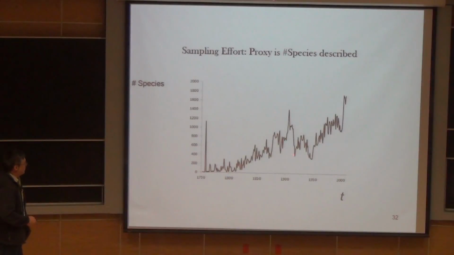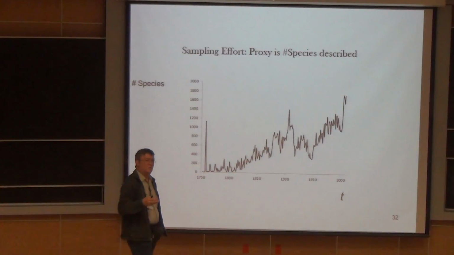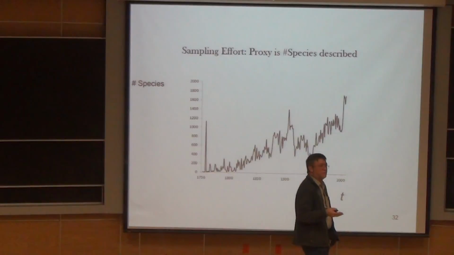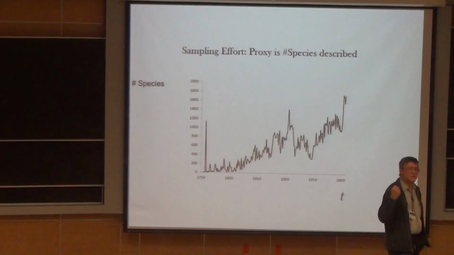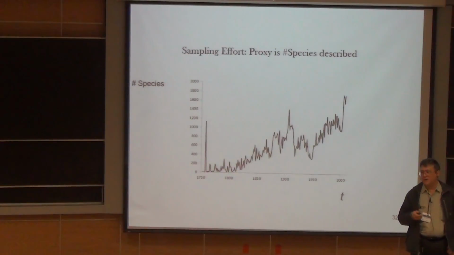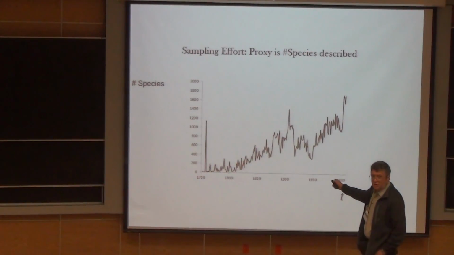You can see World War I, World War II, to signify that in wartime, humans are not busy looking for biological species. So this is a good proxy of what sampling effort is for the search of current species, not fossils. These are current species.